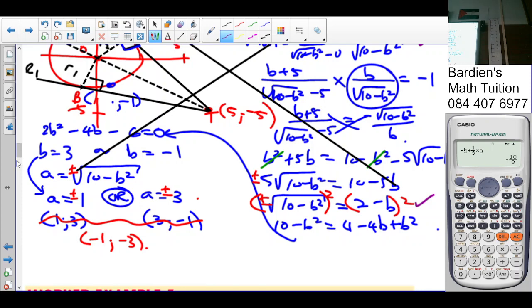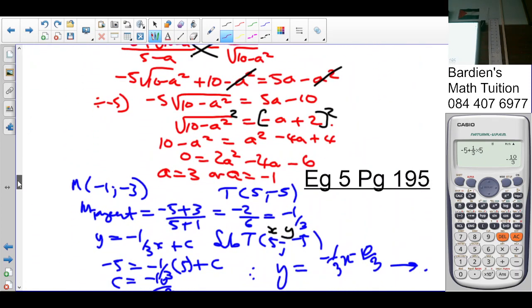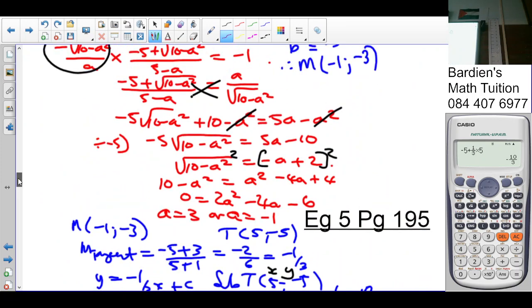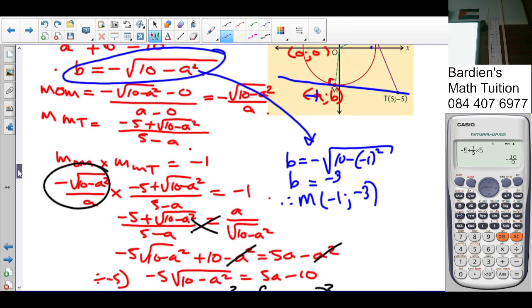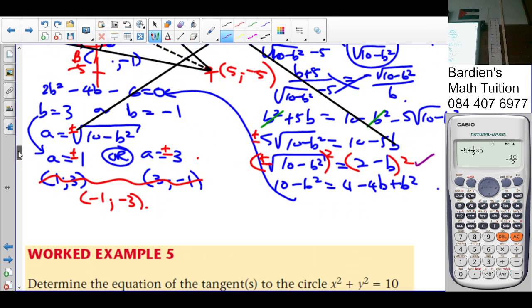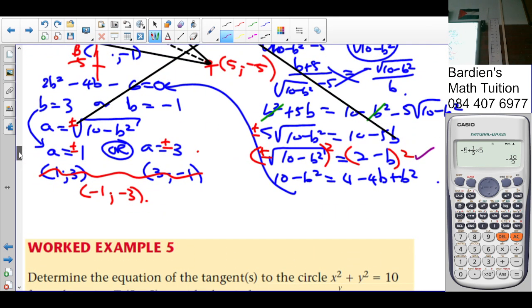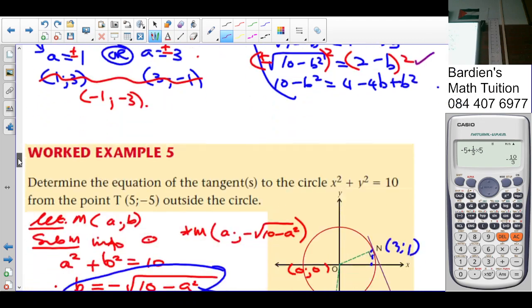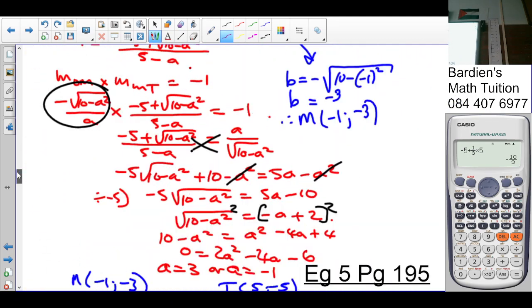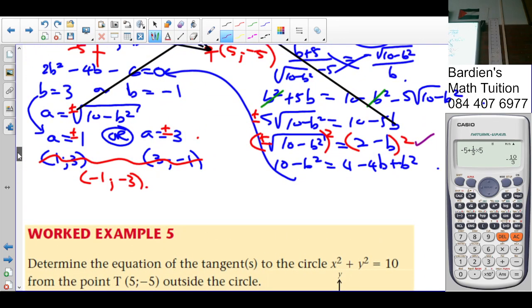just check here. So we got the root of 10 minus a squared is equal to a plus 2. That is fine. Oh, here we go. I have to take this over the equal sign.